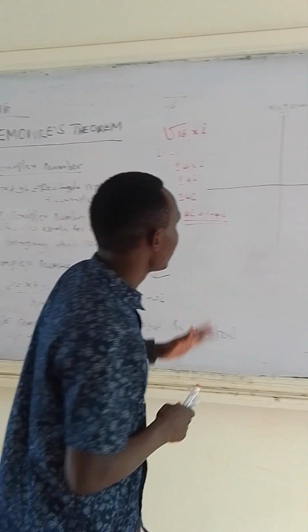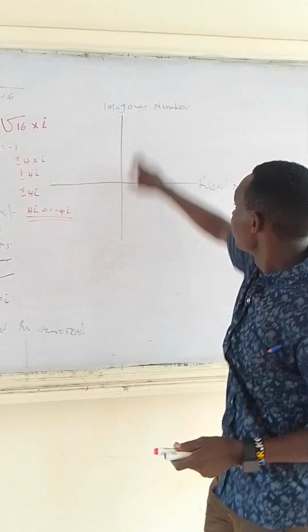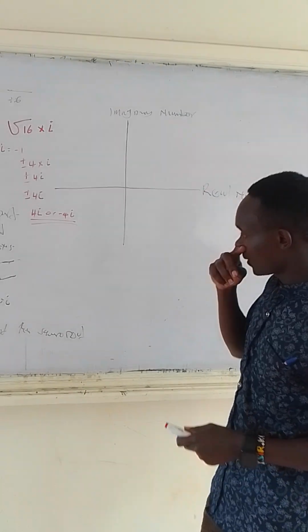So on the Argand diagram, the imaginary part is on the y-axis and the real part is on the x-axis.